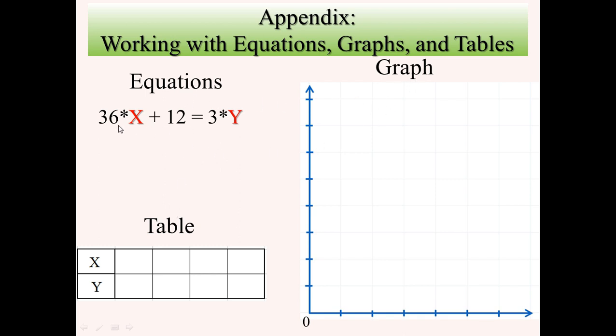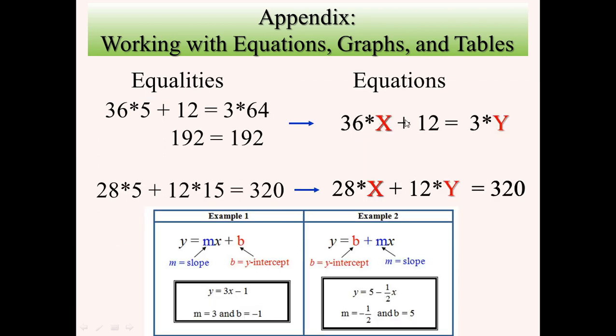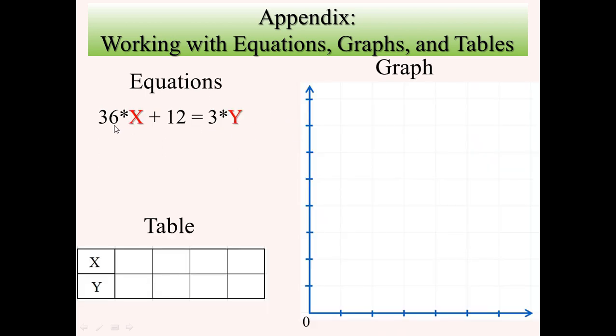Okay, I take the first equation from this slide to study. Now 36 multiplied by x plus 12 equals 3 multiplied by y. Okay, this is not an easy form to understand as an equation. That's why I need to make this form into an easy form as an equation.